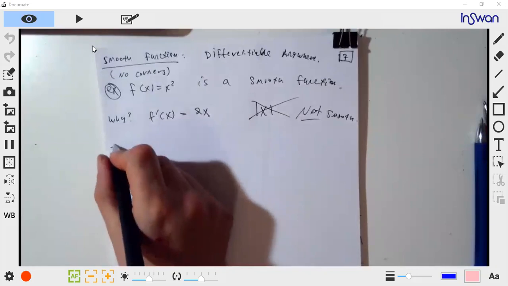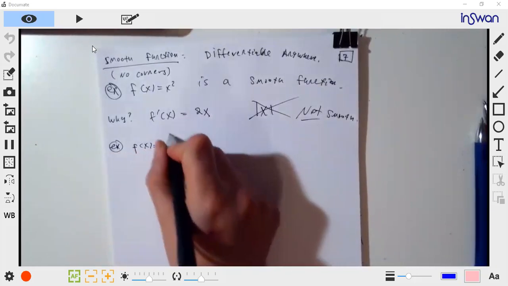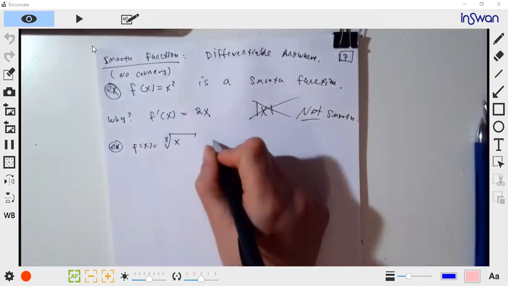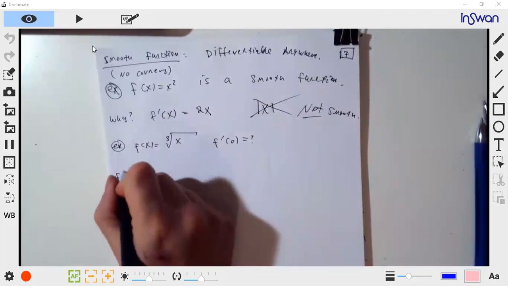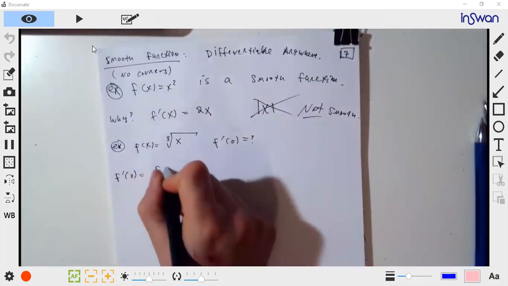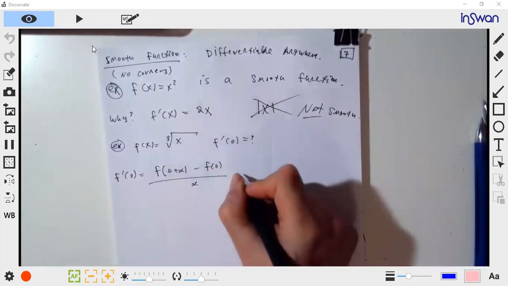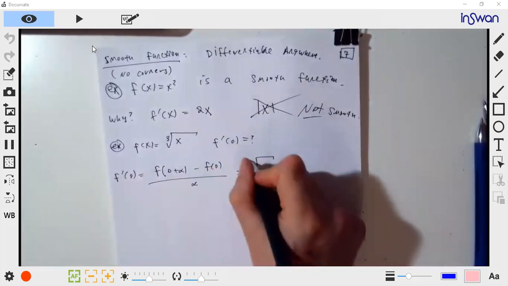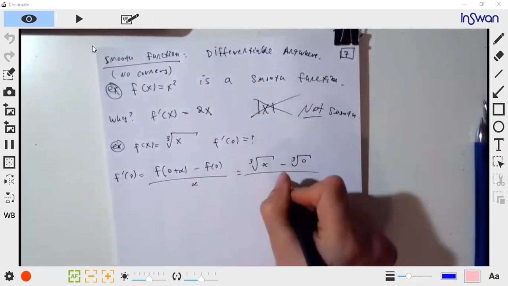Okay. For example, let's try and find f prime of 0 where f of x is equal to the cube root of x. Well, f prime of 0 is the same thing as f of 0 plus alpha minus f of 0, all over alpha. That's the same thing as the cube root of alpha minus the cube root of 0, all over alpha.